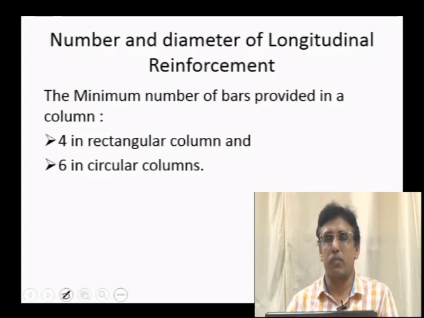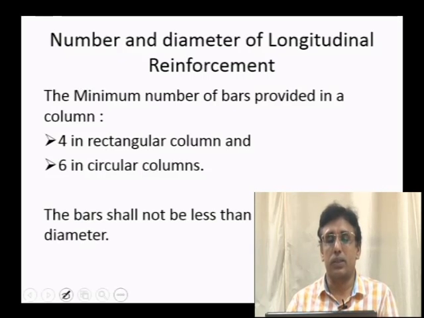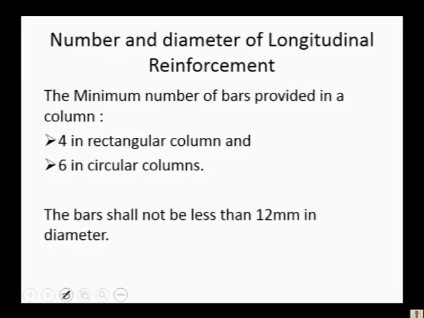It should be minimum 4 bars. At each corner 1 bar should be provided. The bars shall not be less than 12 mm in diameter. One more important point is that the minimum diameter of the bar you assume should be 12 mm. It should not be less than 12 mm diameter for the longitudinal reinforcement according to IS 456-2000.